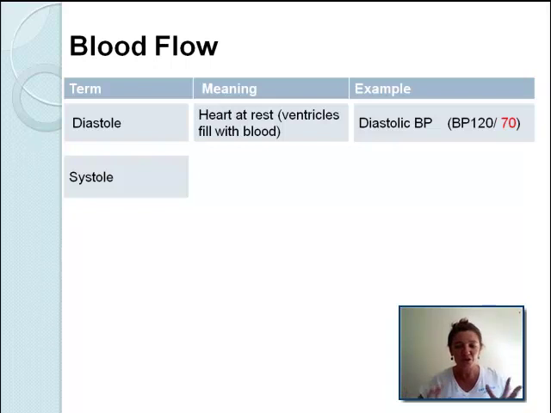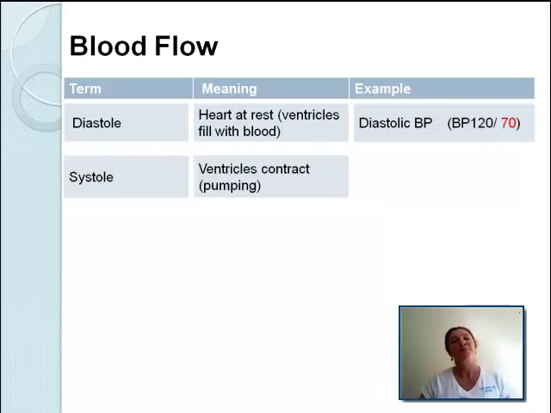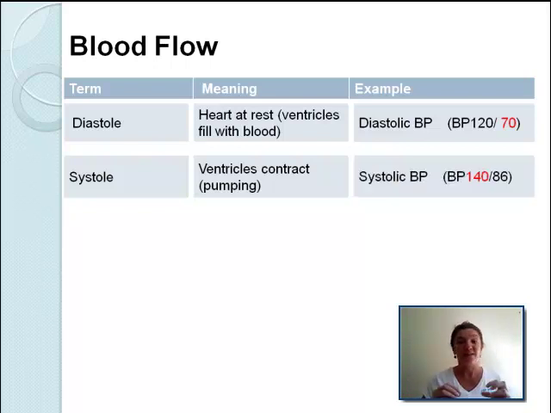It's when the ventricles contract and push the blood out through the aorta and also off to the lungs. The systolic blood pressure is the big number because of all the energy used to contract those ventricles and push out the blood, creating that pressure. So the big number, the 140, in this blood pressure reading is the systolic blood pressure.